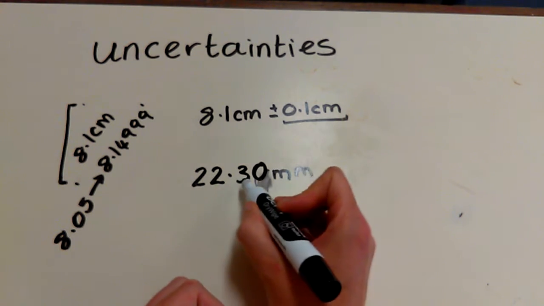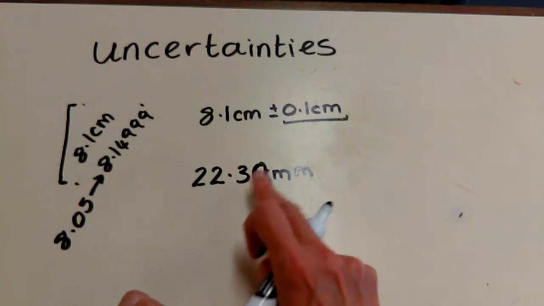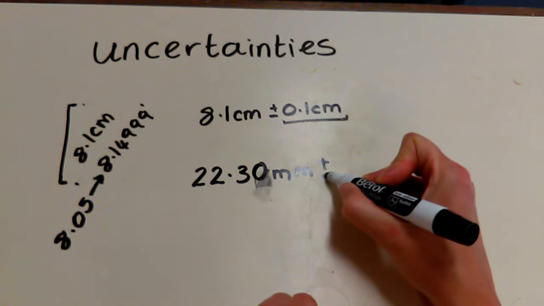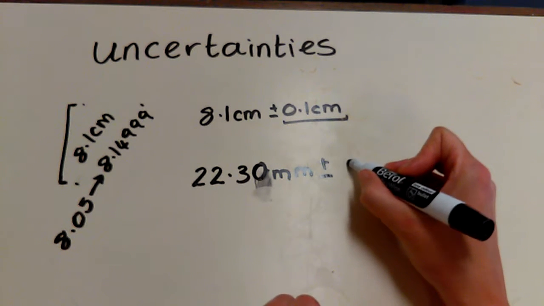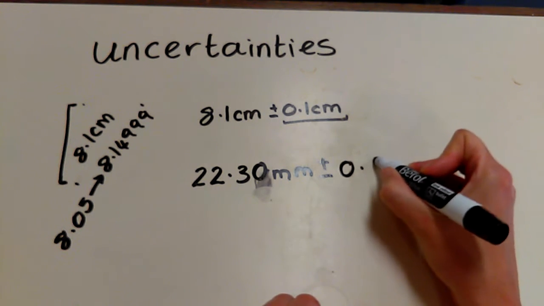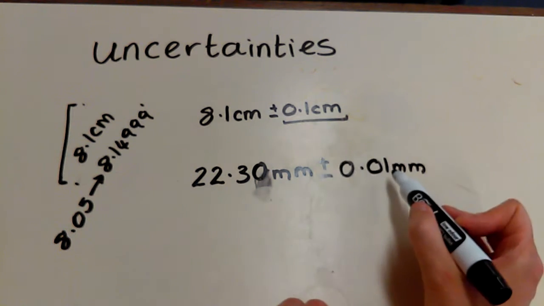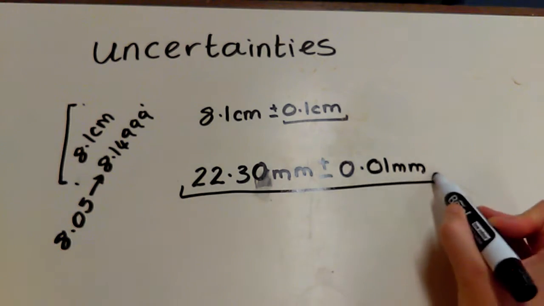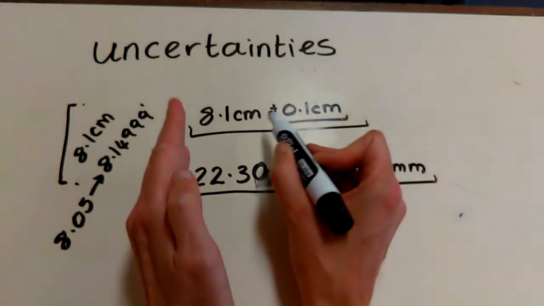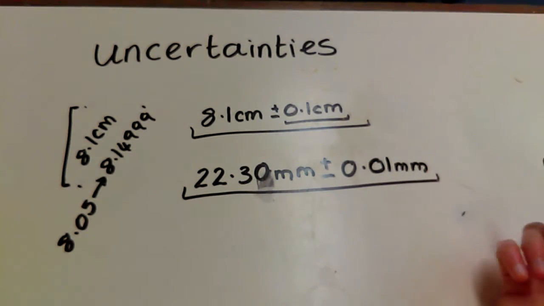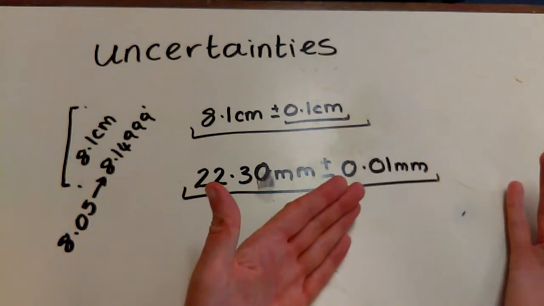Because I can measure to 0.01 millimetres with a micrometer, I could say 22.30 millimetres plus or minus 0.01 millimetres. So if I'm just taking one measurement and I'm sure my measurement is accurate, then my uncertainty is just the smallest thing that it can measure.